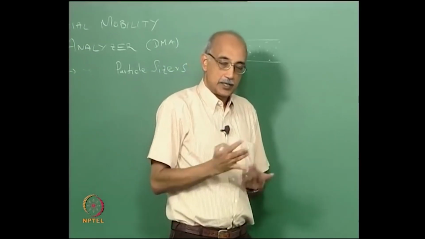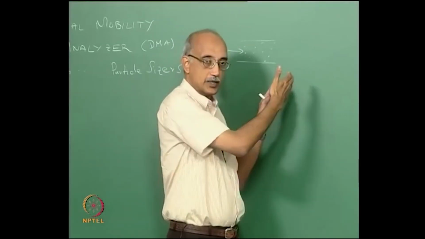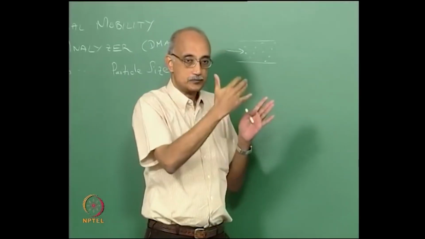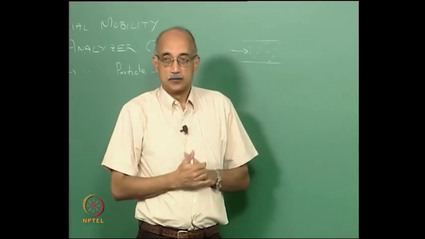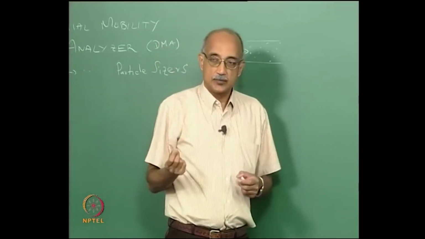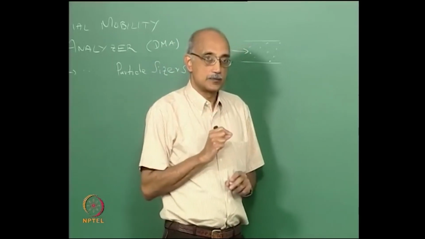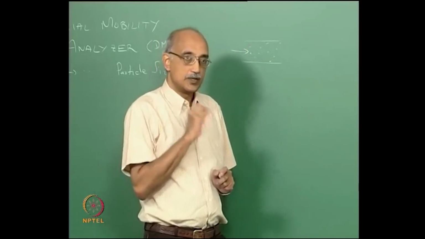So, in a cascade impactor, you are again classifying by size, but the largest particles will get captured in the first frame and the finest particles will get captured in the last frame. A diffusion battery works on a very similar principle, except that in this case the finest particles will actually be captured in the first screen.